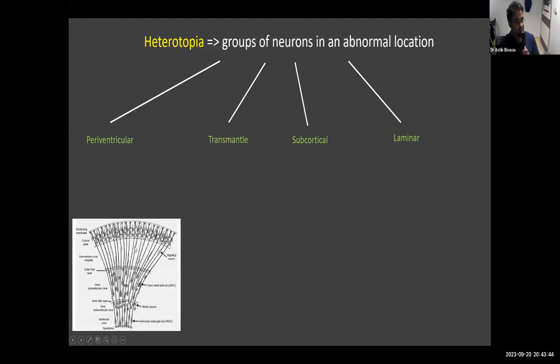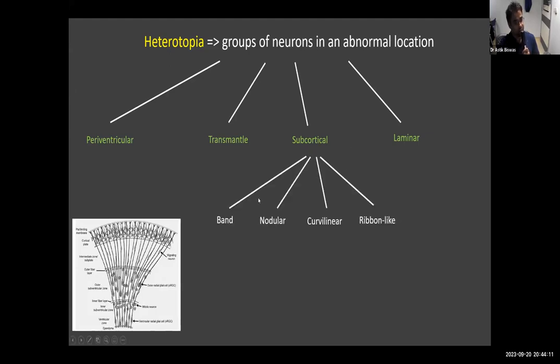Some of them can have funny transmantle-like appearances. We saw examples where masses of heterotopic nodules were in the subcortical region. And then there's another subtype called laminar subcortical heterotopia, where it's a very thin layer of heterotopic gray matter along the subcortical white matter.